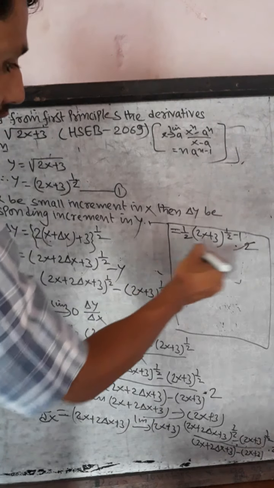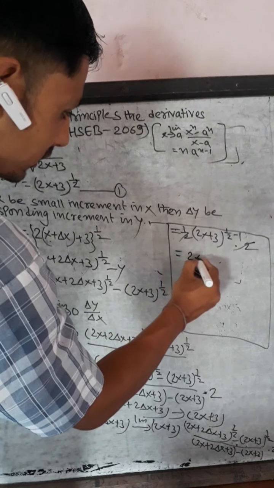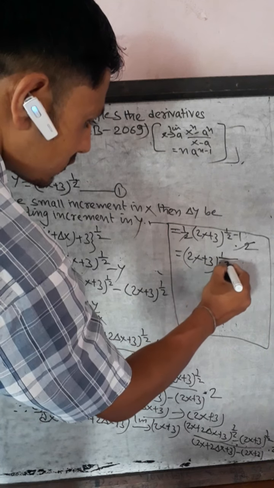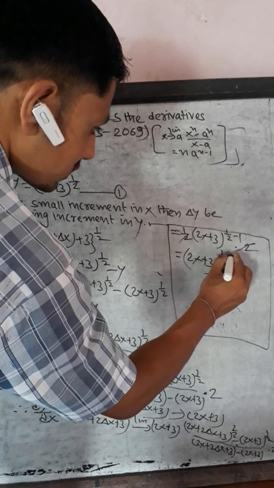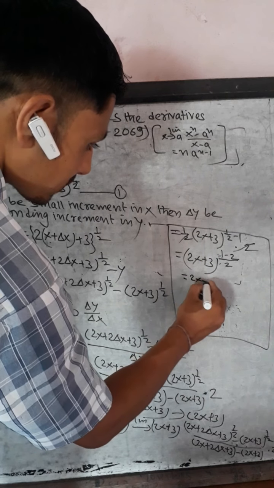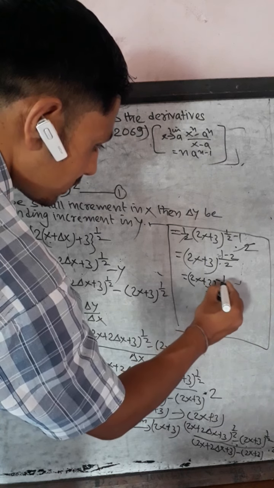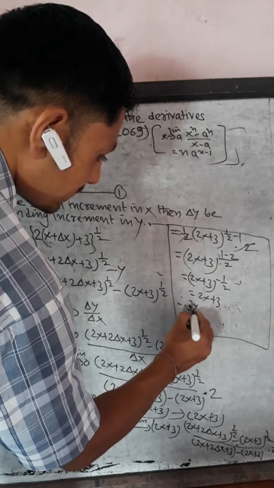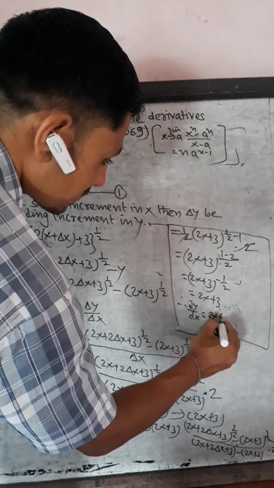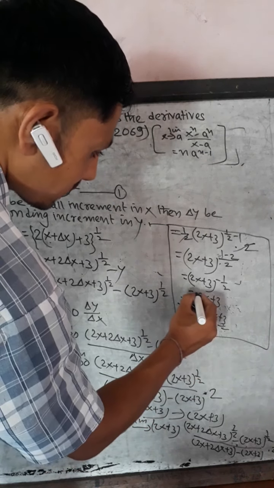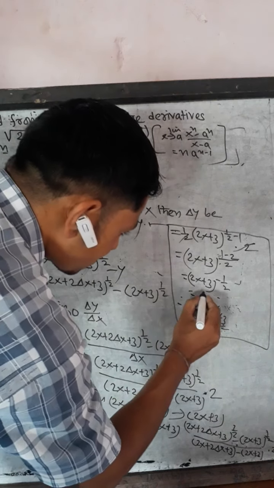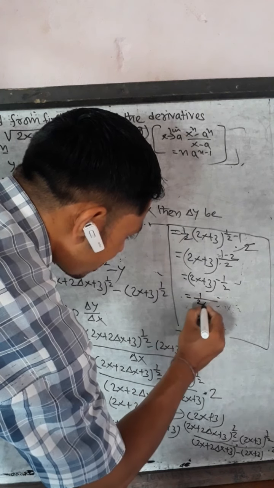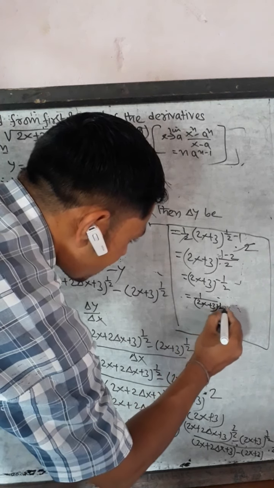So this one and this one cancel, it is equal to 2 into 2x plus 3 to the power, now take the LCM, 1 by 2 minus 1 is equal to 2x plus 3 to the power minus 1 by 2. So therefore dy by dx is equal to 2x plus 3 to the power minus 1 by 2, which is equal to 1 by 2x plus 3 to the power 1 by 2.